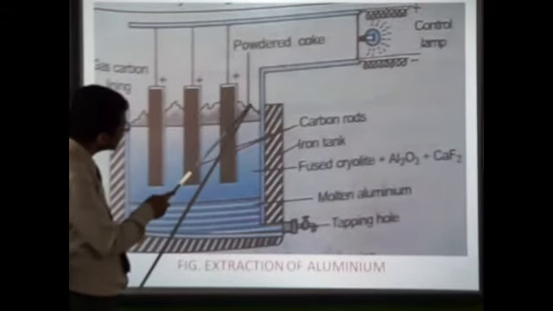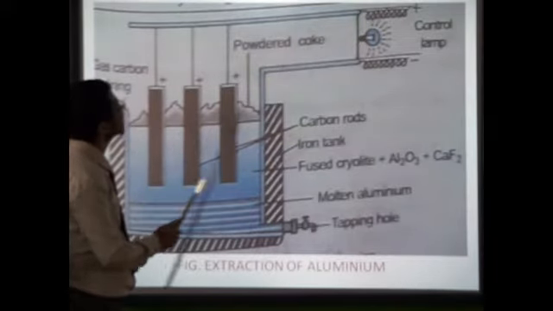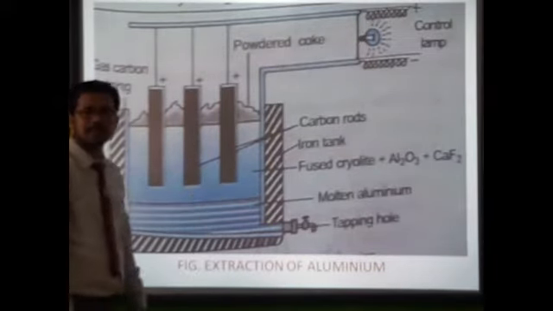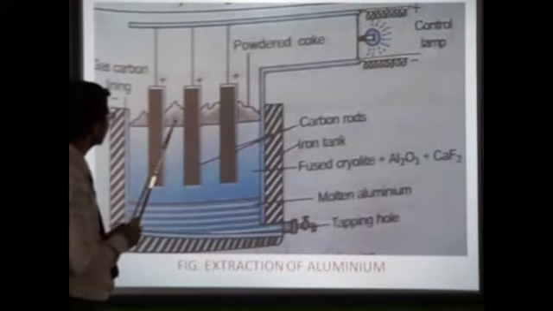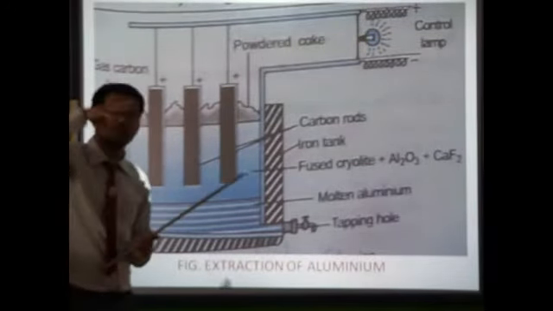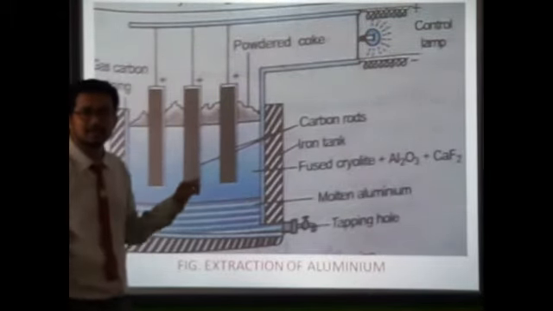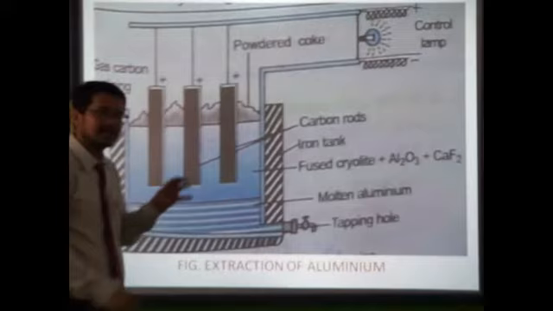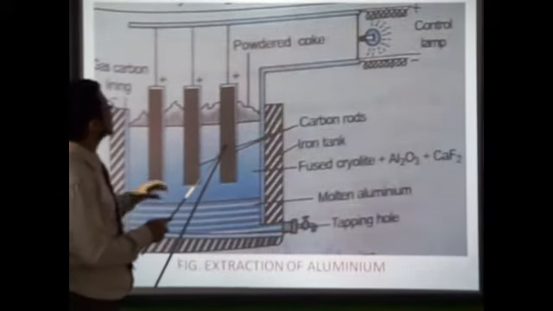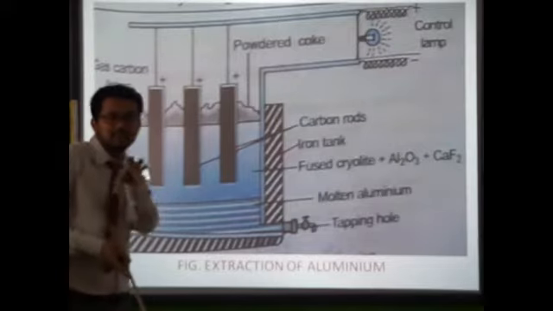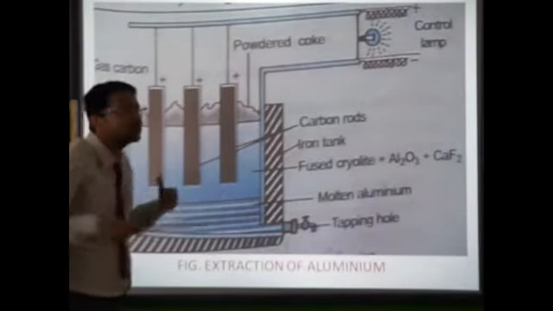And here you can see these are powdered coke, sprinkled over these anodes. Why are they sprinkled over anode? So that it can reduce heat loss, because these carbon rods absorb heat, get heated and may lose heat.